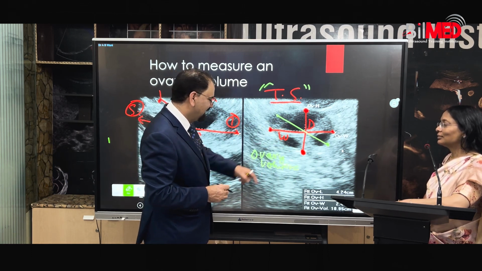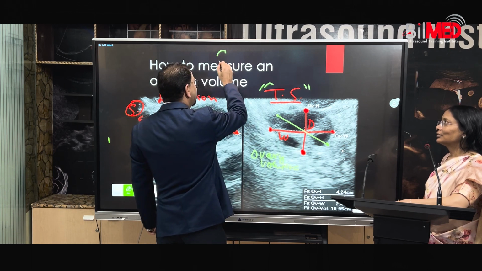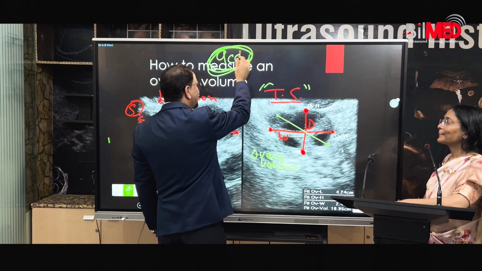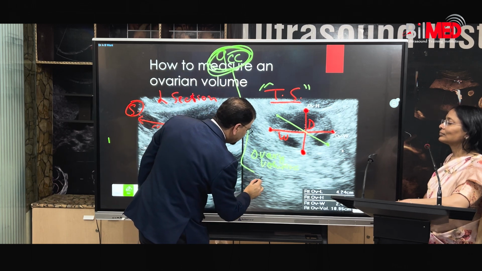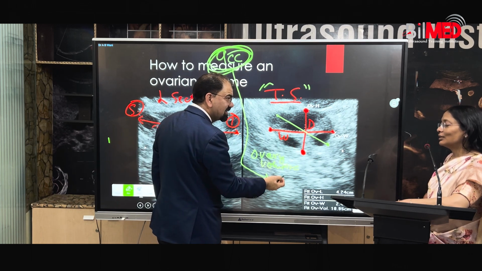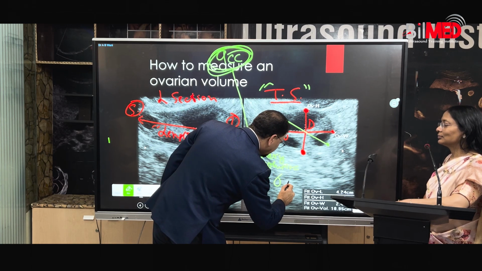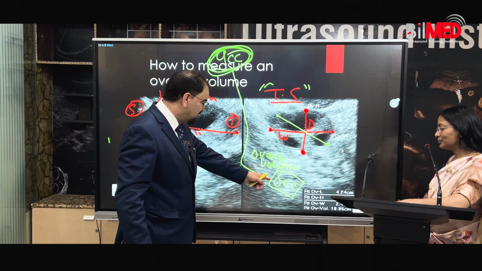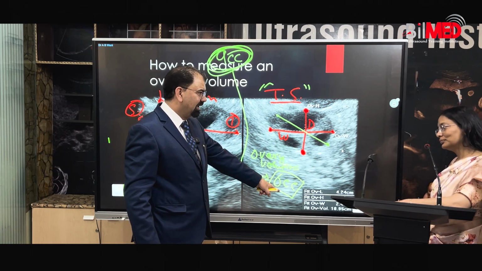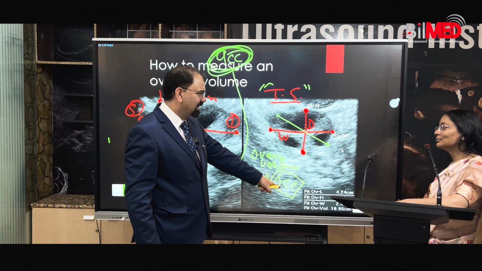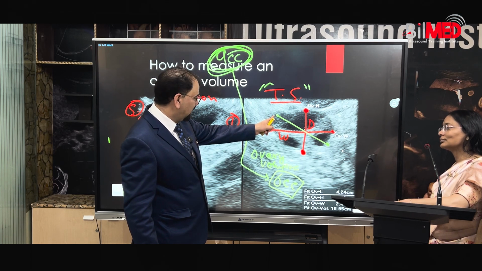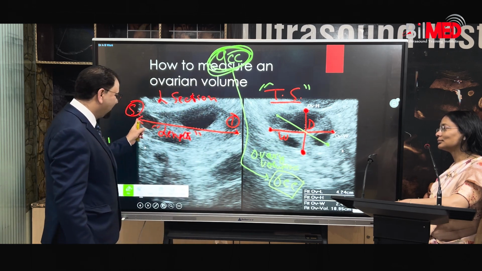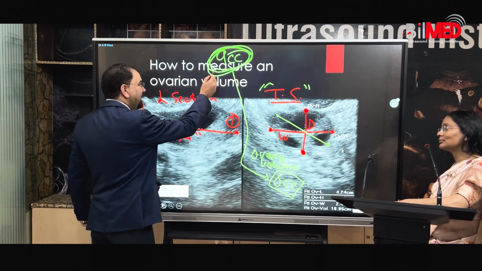So if my ovary is 9 cc, for example, will I get 9 cc, less, or more? Less. So it can be 6 cc. Machine is giving me 6 cc. I am cursing the machine. Actually, I don't have to curse the machine. I have to see over here what I am measuring. I am measuring length this way. And if I give length this way only, then only can I get 9.